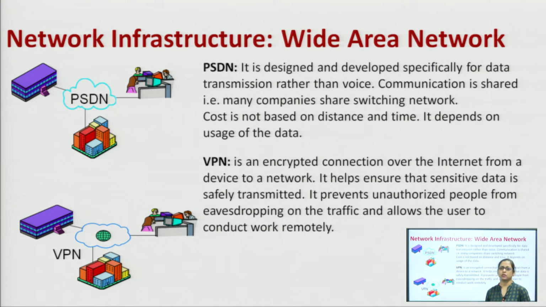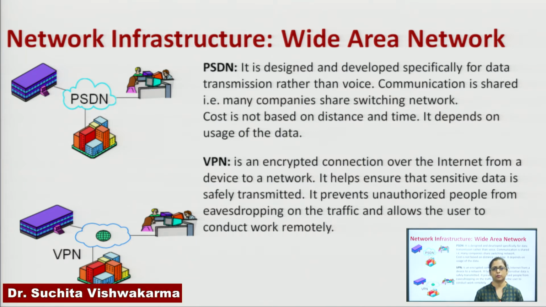Network infrastructure basically includes wide area networks, which are a combination of physical entities and the software used by organizations to connect with various people and organizations in order to share information and work on a real time basis.